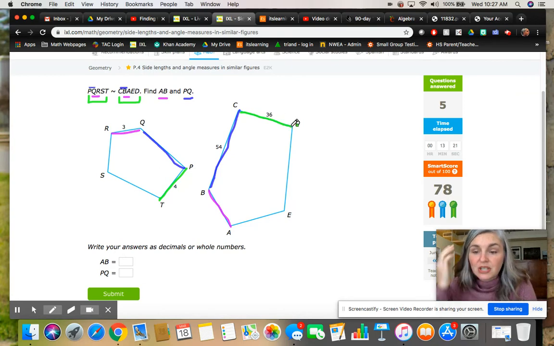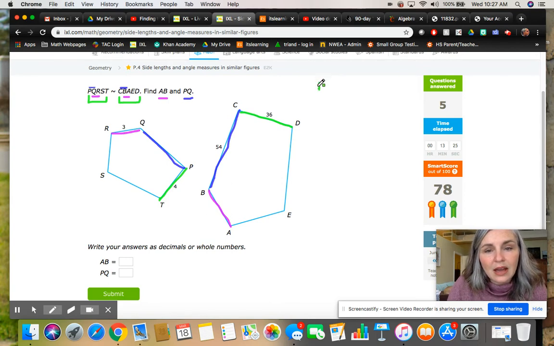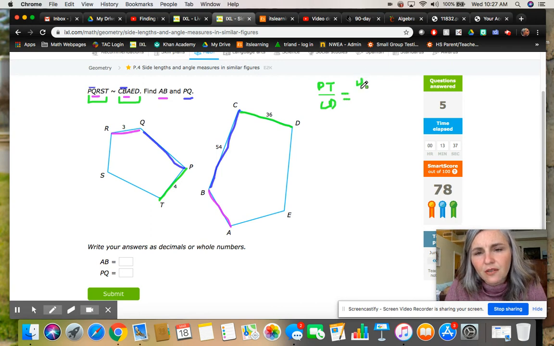So here's a proportion that I know that I can work with, right? I know that PT is to CD is 4/36. Okay, and I might even reduce that if I'm going to be working with it. 4 and 36 are both divisible by 4, so this reduces to 1/9.